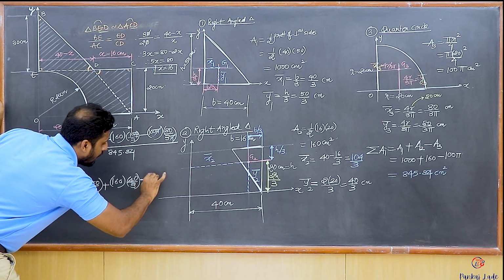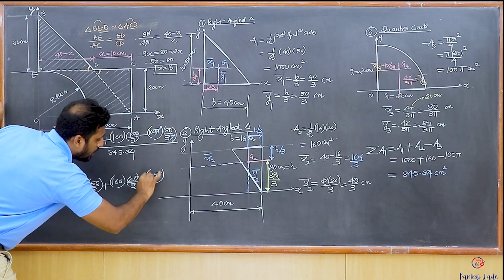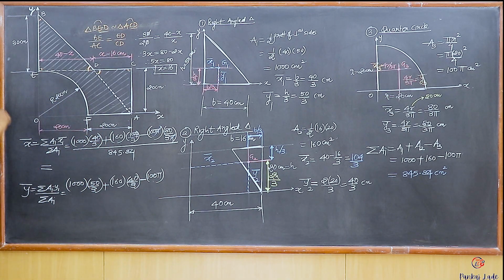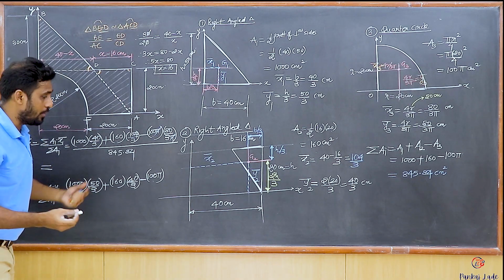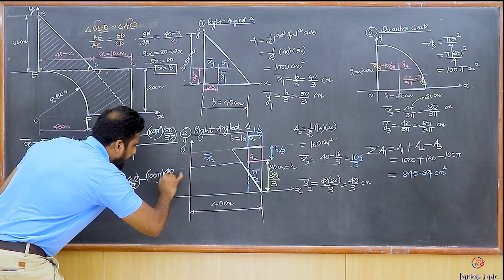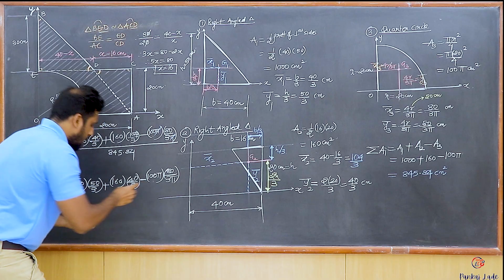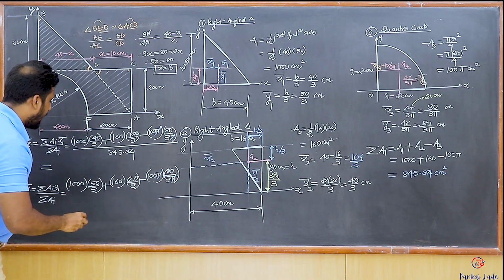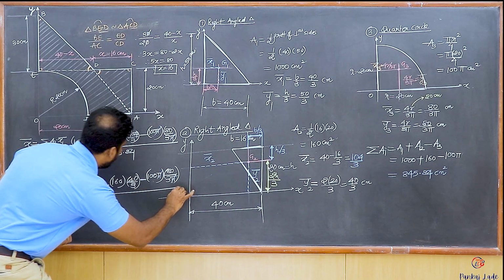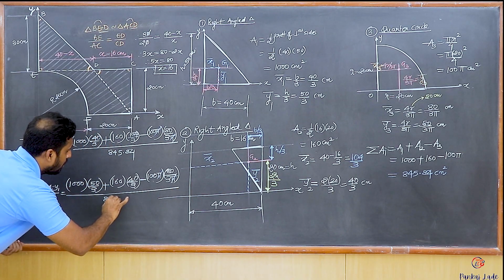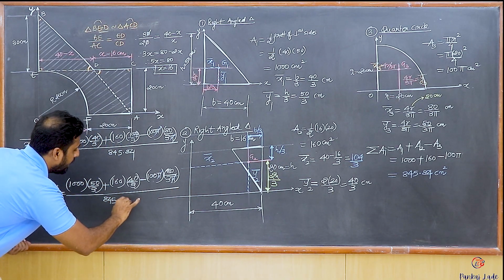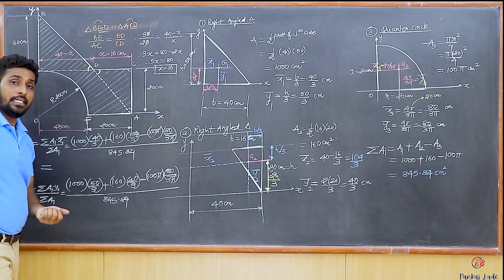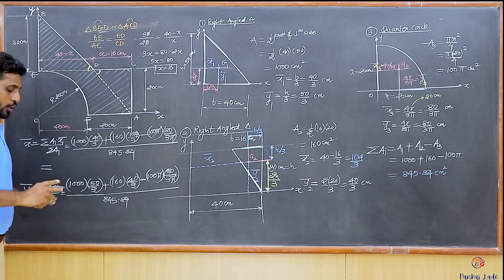Then minus, I have the area of the quarter circle as 100 pi, isn't it? So this 100 pi multiplies with again y3 bar is 80 upon 3 pi. So you can easily say that the pi and the pi is going to get cancelled, and in the denominator I know there is going to be summation of ai, which is 845.84. So again, let's quickly take the calculator and find the values.